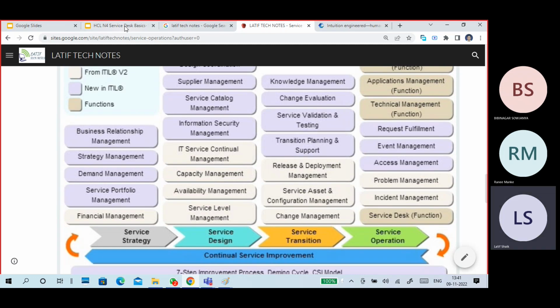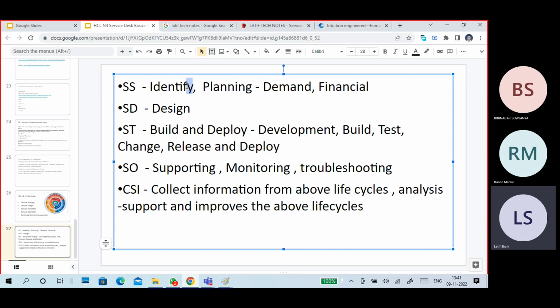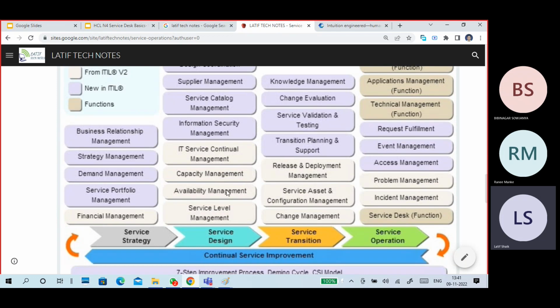Guys, mainly service strategy means identification of the business, identification of people who require this kind of services, demand for the services, managing finance, planning the service, how to provide these services, and why we should provide a service.